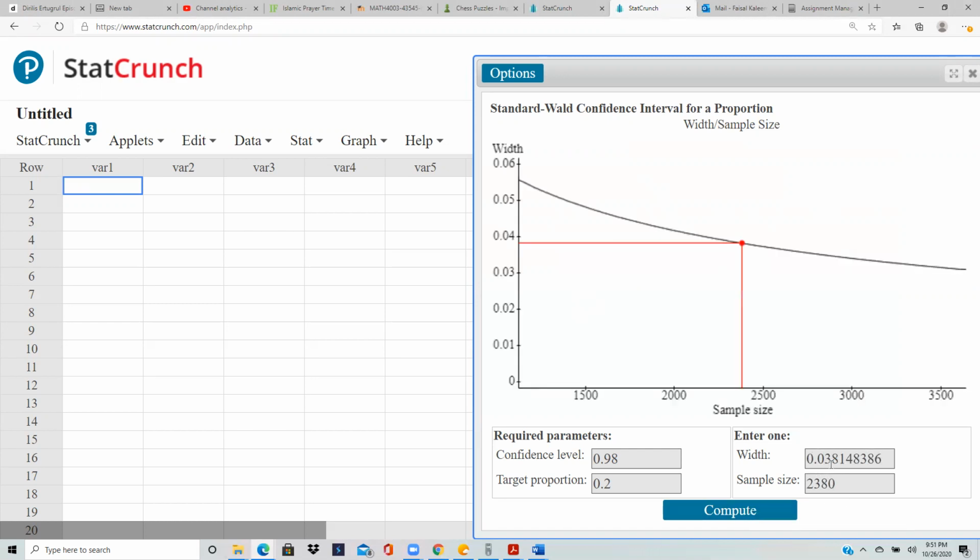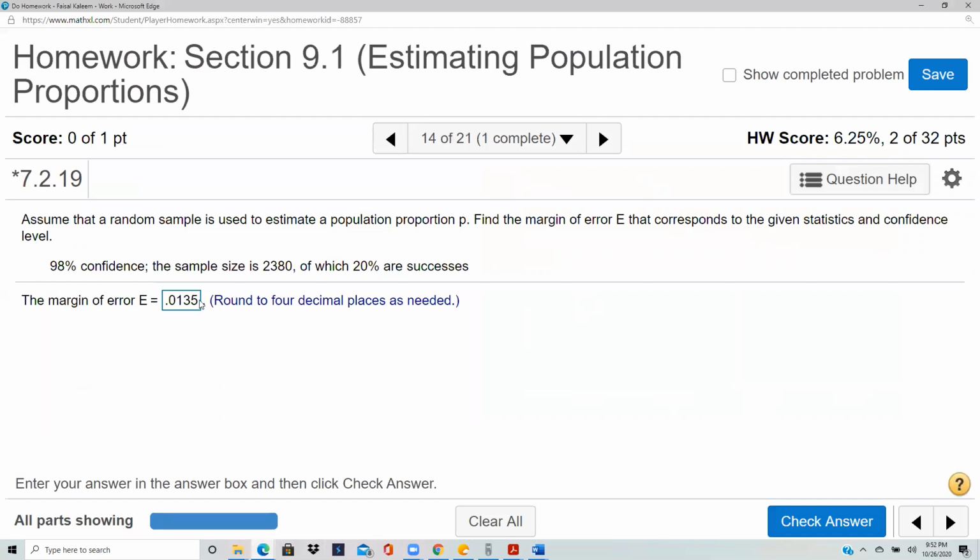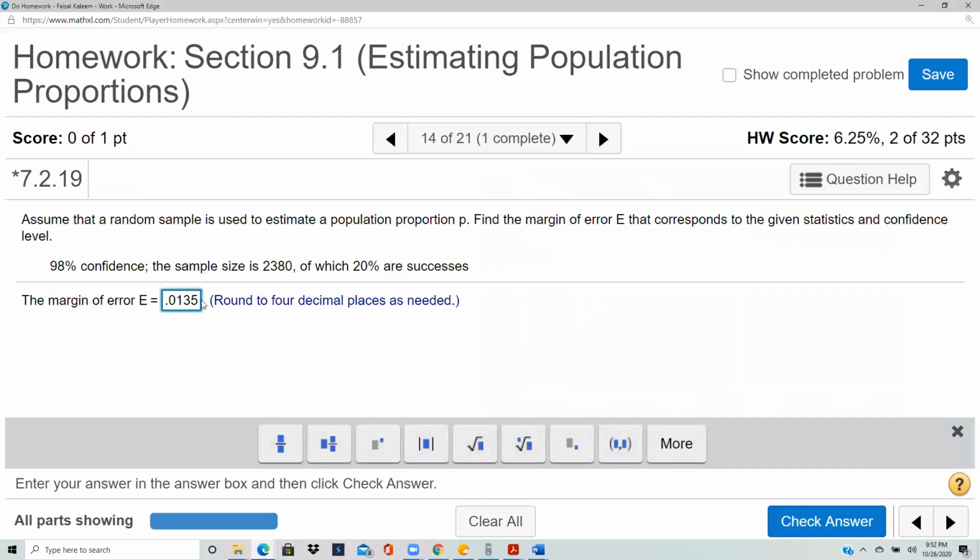So it's 0.0381, and you divide that by 2. So that would be 0.0191. When you divide the 0.0381 by 2, you will get 0.0191. So margin of error is half of the width. 0.0191.